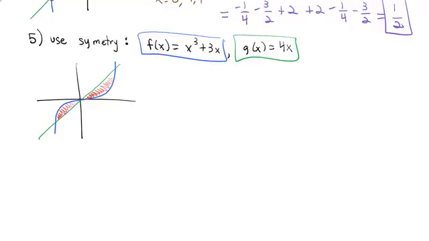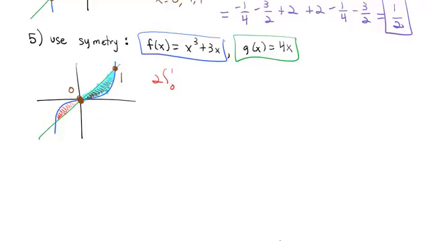Because they're exactly the same shape and same size, we only really need to find the area of one of the pieces. And then we'll double that area to account for the other piece. So I'm just going to do the integral from 0 to 1 of that right side, and then we'll multiply the result by 2.